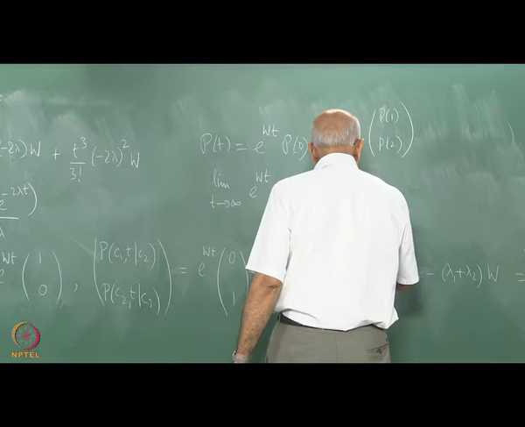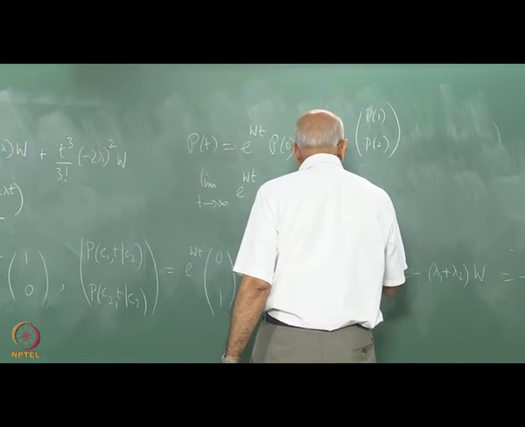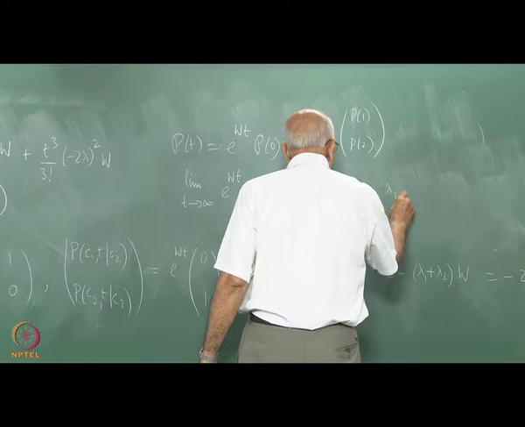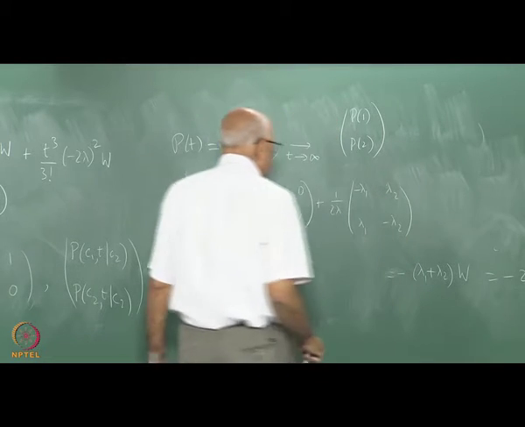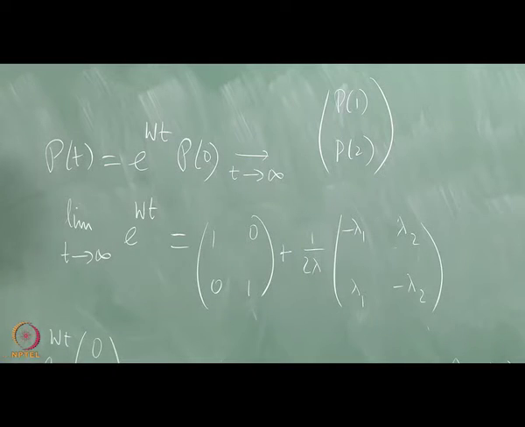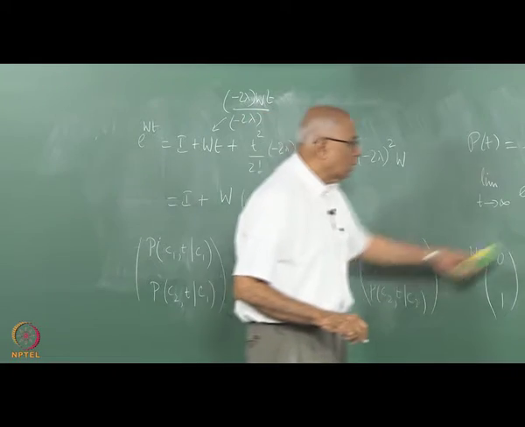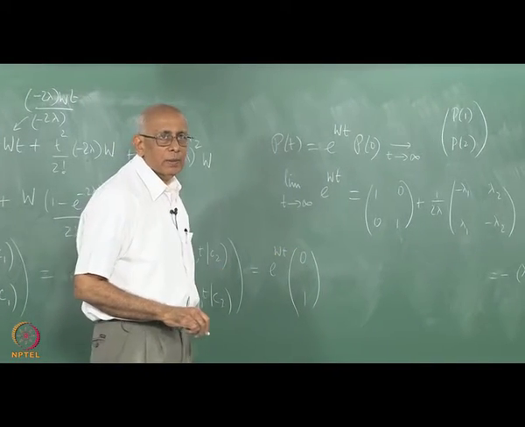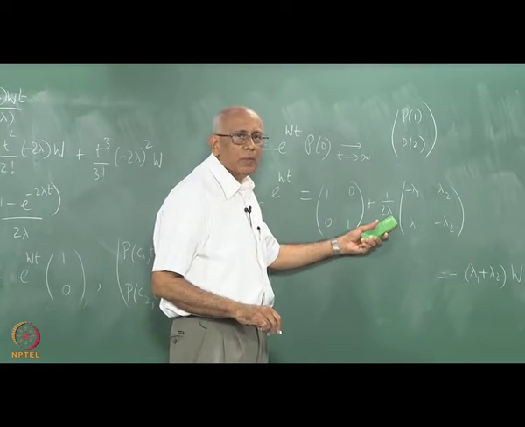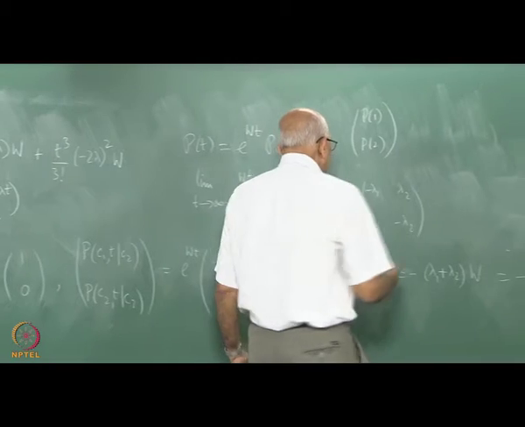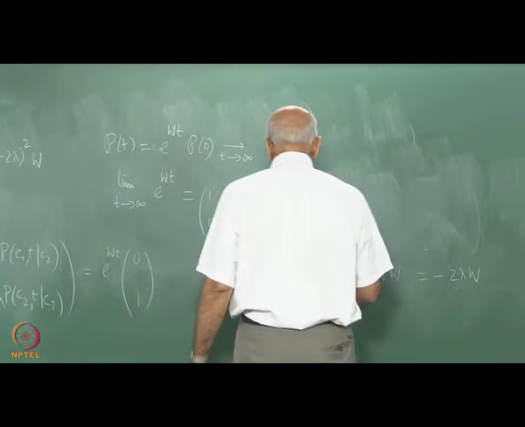It was lambda 1 here, lambda 2 here, minus lambda 1, minus lambda 2 in this fashion, added to this out here. And this is lambda 1 plus lambda 2. So what does this become?